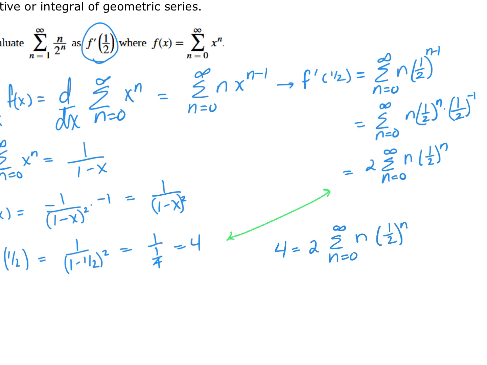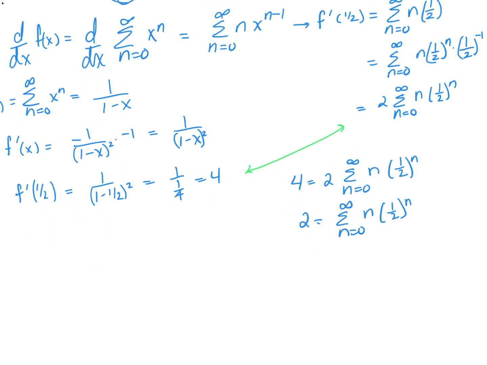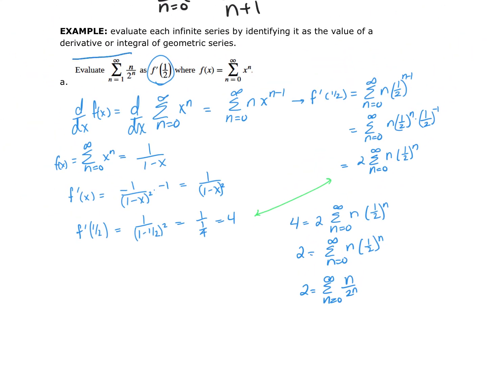Dividing both sides by 2, I get 2 is equal to the summation of n equals 0 to infinity of n times 1/2 to the n, or I can rewrite it as 2 is equal to the summation of n equals 0 to infinity of n over 2 to the n, which is what I was asked to evaluate, given this other information. So my answer is 2. So there's my answer. And I'm done.